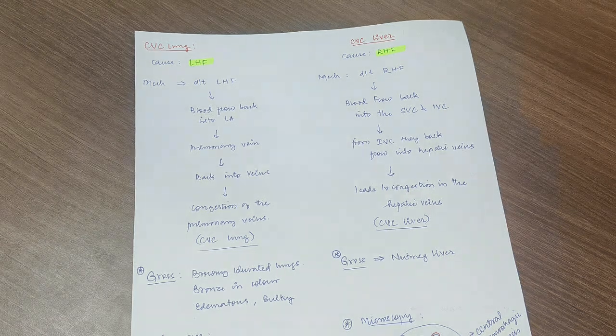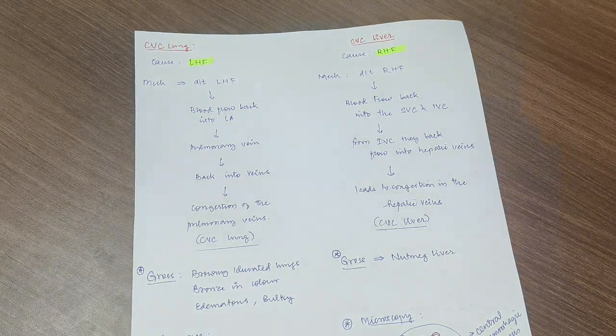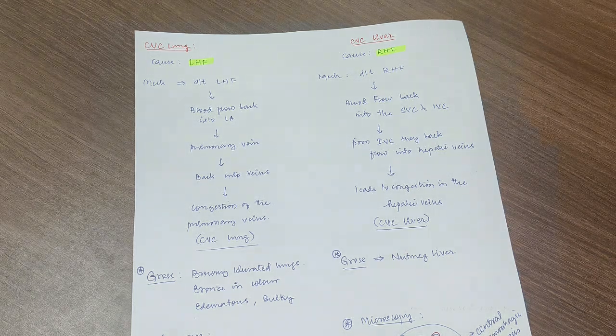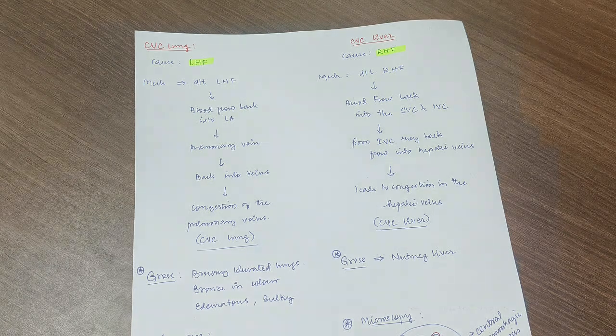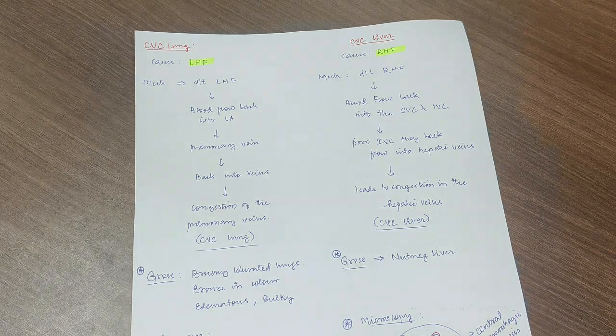What is the mechanism here? What is congestion? There is increased venous blood stasis. If there is an increase in the arterial blood to the organ, that is called hyperemia, whereas congestion is an increase in the venous blood.